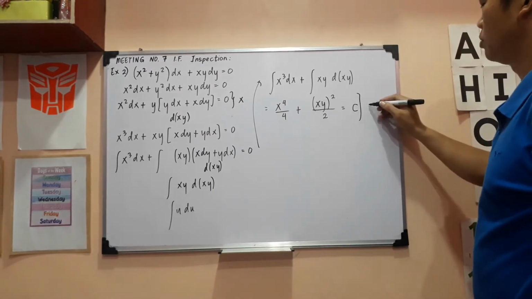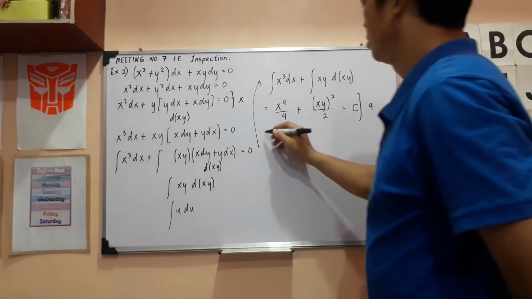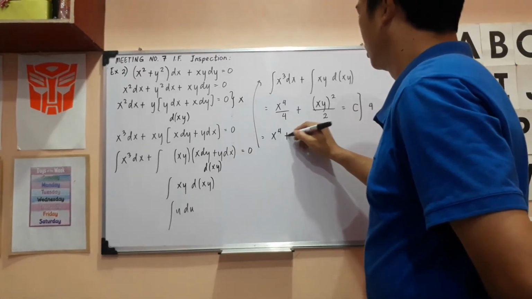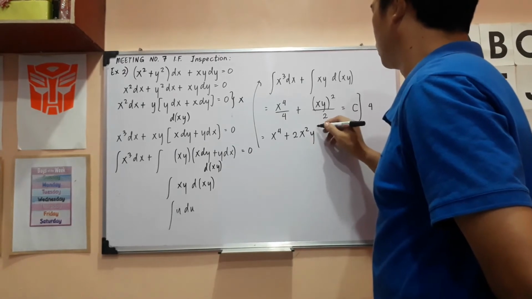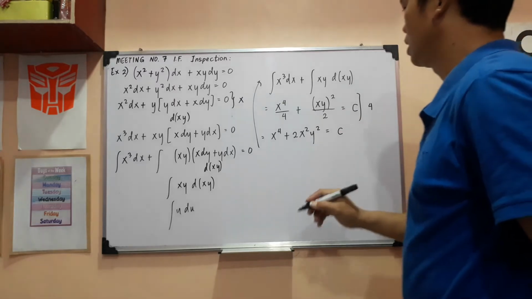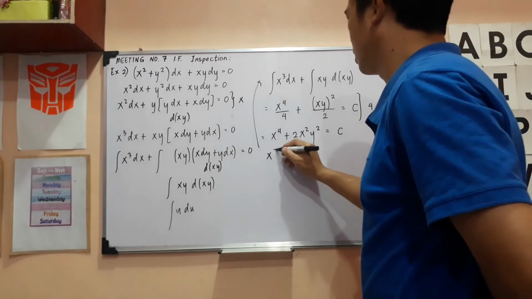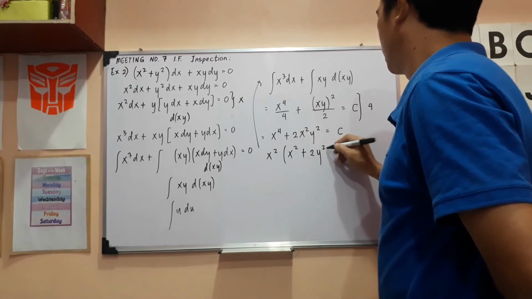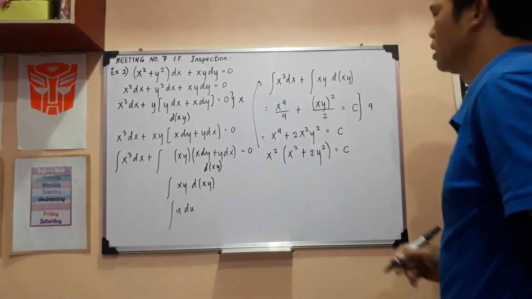Now if I will multiply this by 4, para mawala yung ating denominator, we have x to the fourth plus 2x squared y squared, is equal to c, or factor out x squared. So we have x squared plus 2 y squared is equal to c.